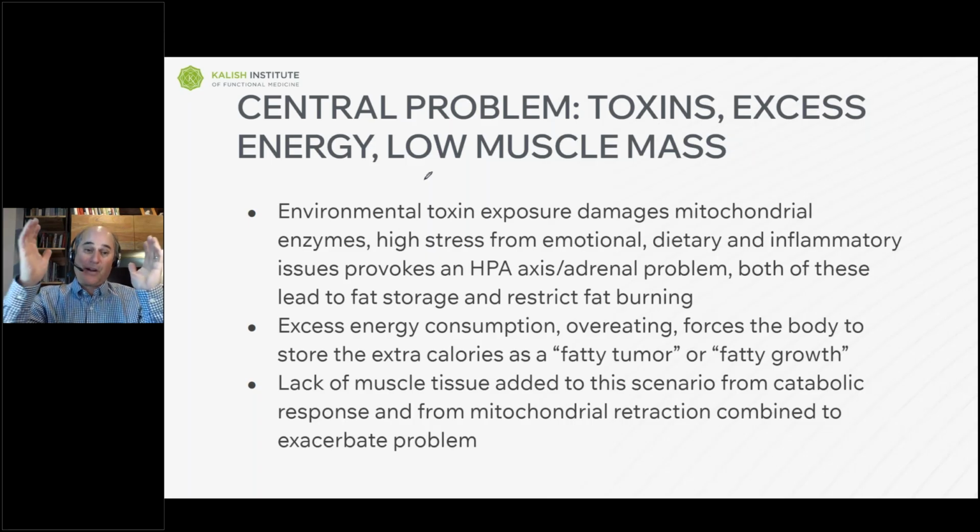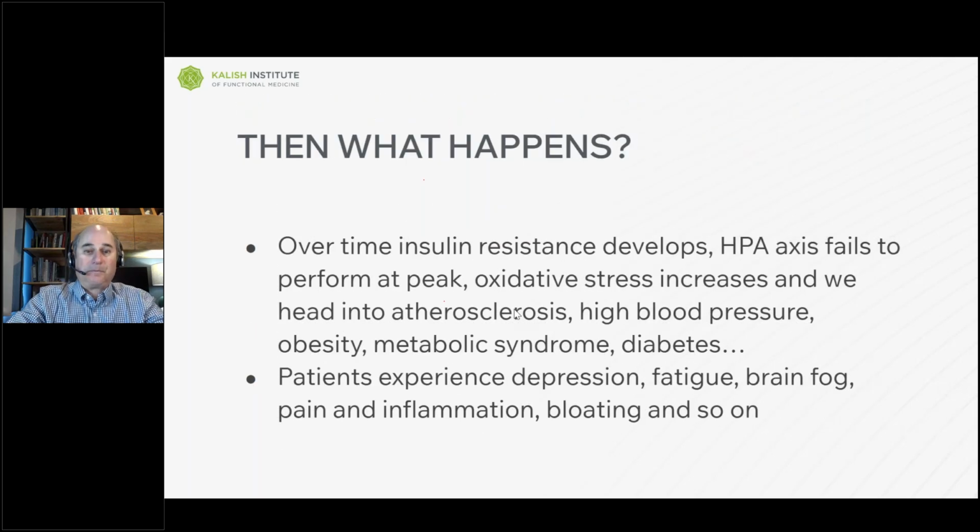So we've got an environmental toxin damaged mitochondrial system with too much energy coming in because people are overeating, so you have to store the extra calories as fat, and with a lack of muscle tissue to burn up all this energy, the whole situation gets even worse. But let's not forget the environmental toxin component, which is maybe not being paid enough attention.